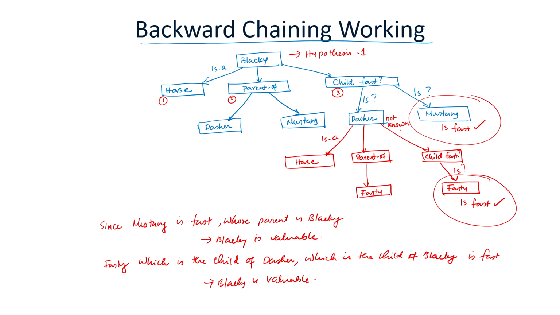Then we go through these 3 antecedents, and from there we got assertions. The assertions came from Dasher and Mustang, and we know that Mustang is fast. So, here itself you can conclude. This is also fine, there is nothing wrong in it.